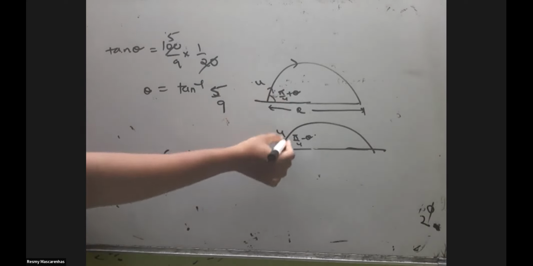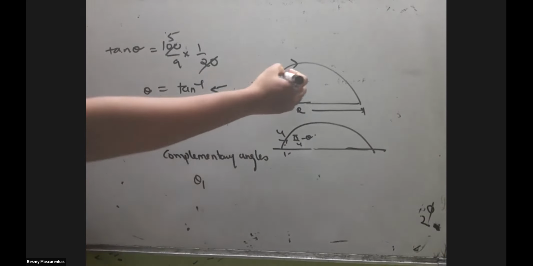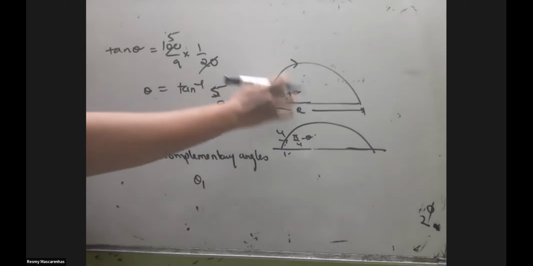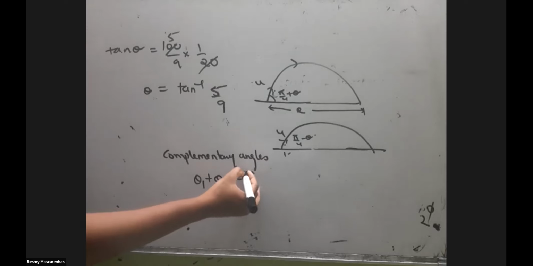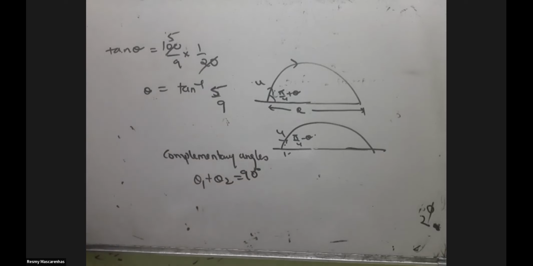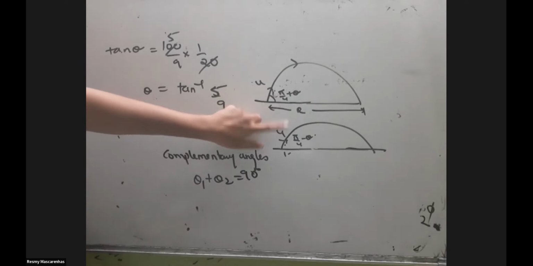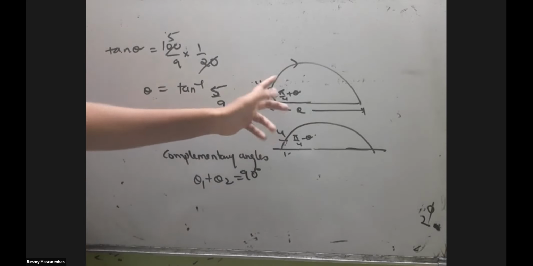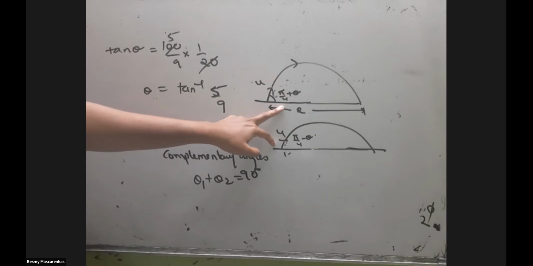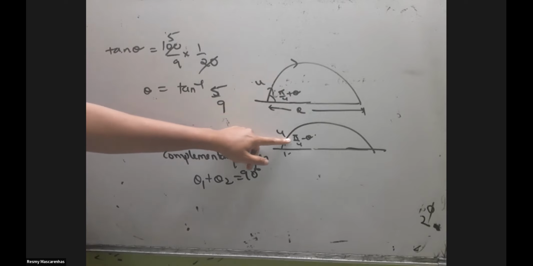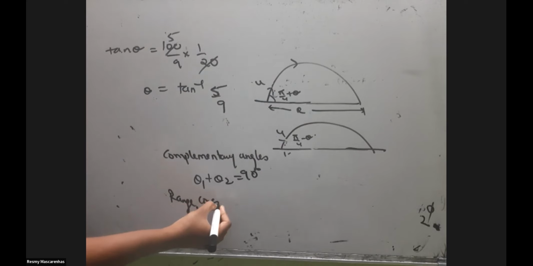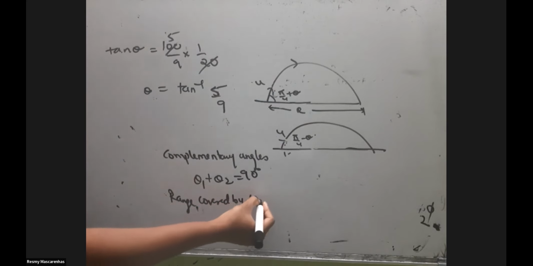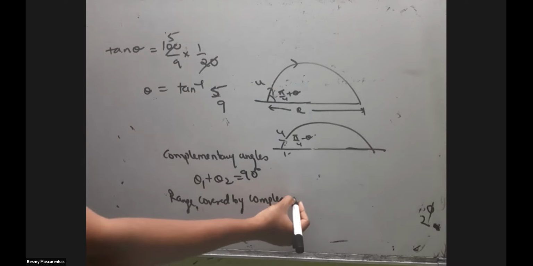Means if both these angles, this is suppose theta 1, this is theta 2, add up to 90 degrees, they are called complementary angles. Suppose if this was 30, then this would be 60. If this is 45, this is also 45. The range covered by complementary angles is always the same.